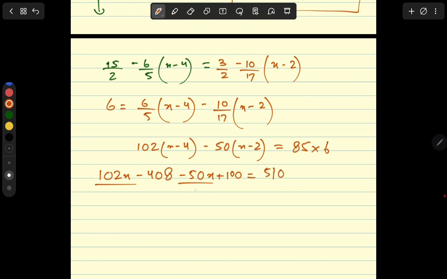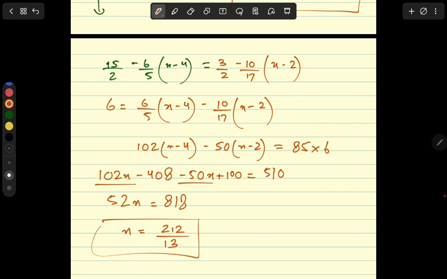So this becomes 52x equals 818. Now you can do the rest of it. So this is 212 over 13 is equal to x.